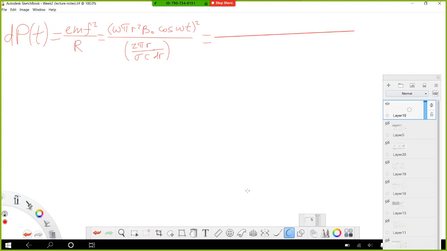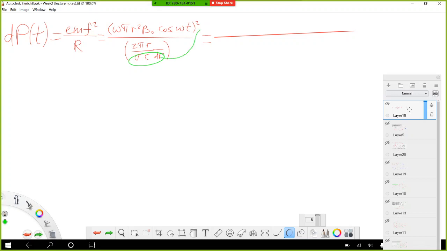Okay, p and p squared simplify, r and r to the fourth power simplifies, this one goes up.